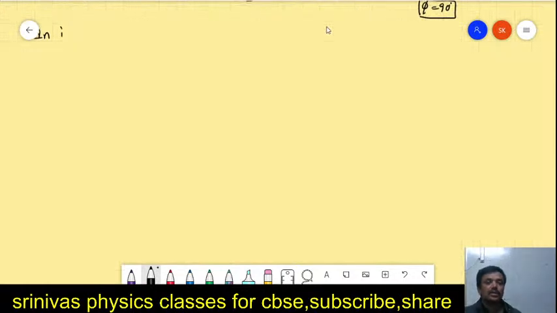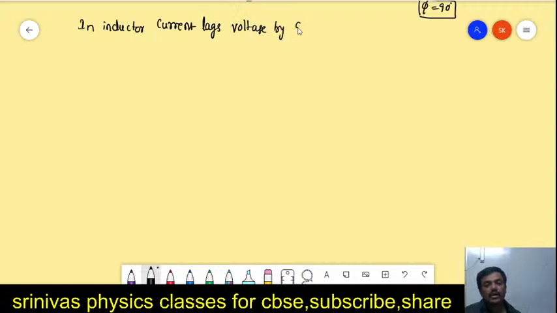In an inductor, what happens? Current lags voltage by 90 degrees.